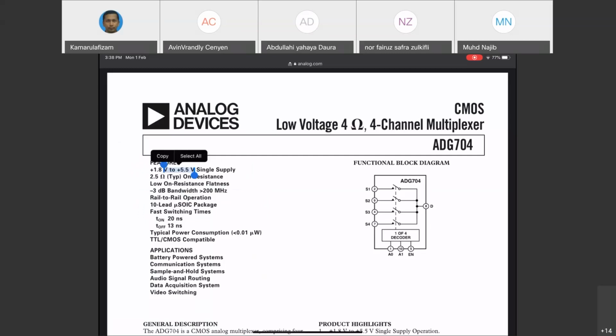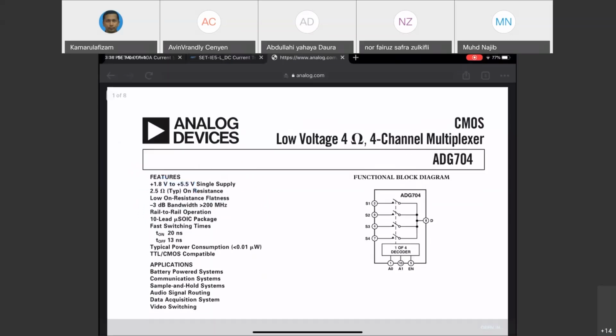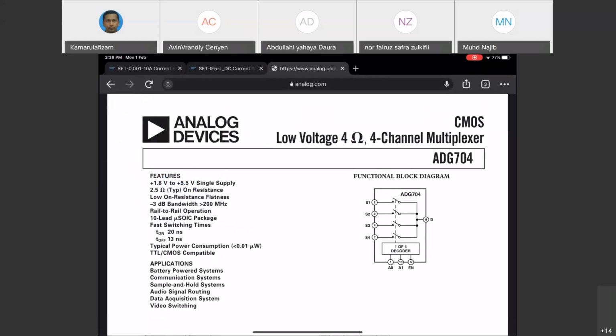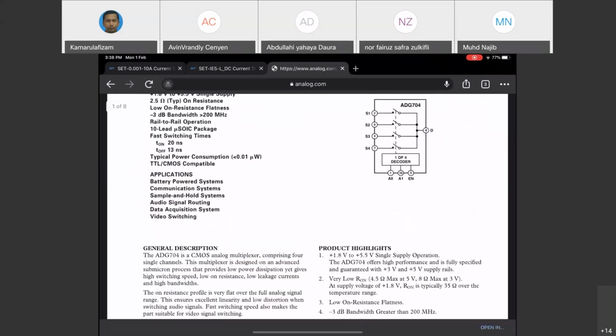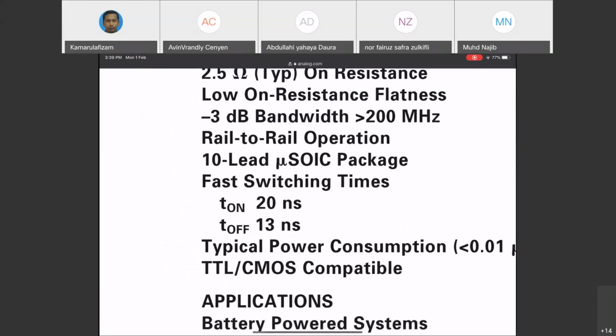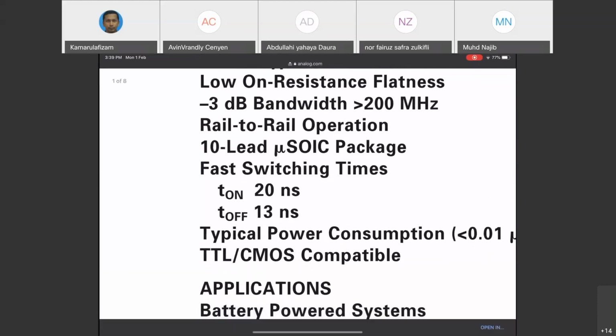Look at the switching time here. Okay, so I think this is the most important criteria. Fast switching time, 20 nanosecond on and 30 nanosecond off, meaning that 20 nanosecond on, this is the fastest, and 30 nanosecond off.